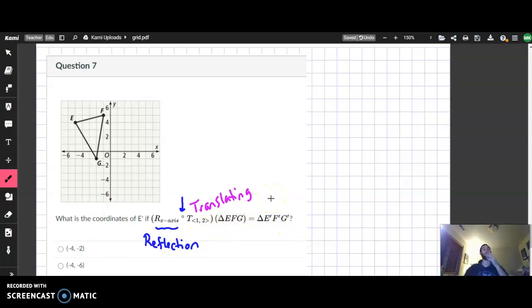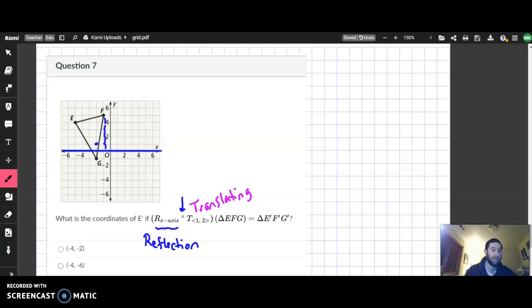So, ladies and gentlemen, we talked about reflections in the last week's lesson, so we're going to apply that here. I'm going to go ahead and use the gray. Actually, I'll use blue since I started with blue here. Blue is a great color. So reflection is all about how far away are we from our line of reflection, and then being able to count that out for G prime. And so, first things first, G is down below, which means we're going 1 up for G. Now, F is up 1, 2, 3, 4, 5.